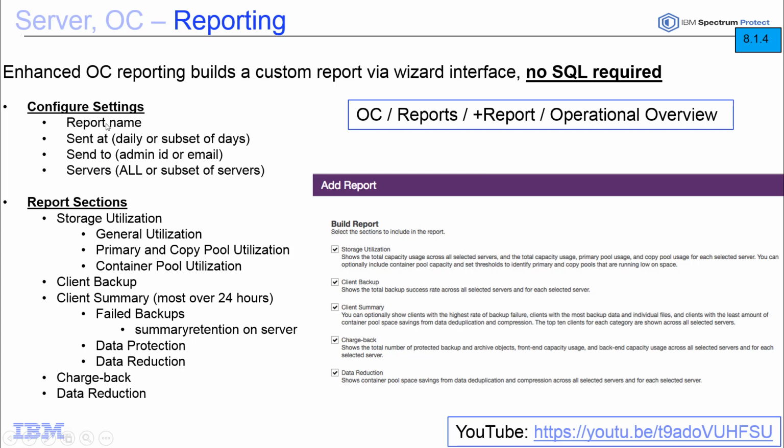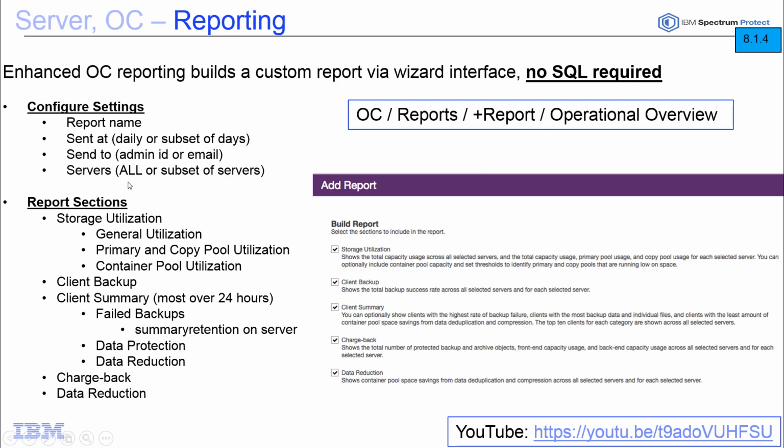So with these reports, you can configure the report name as well as when it is sent out. Is that daily or is that a certain number of days per week? Who it gets sent to, and this can be a Spectrum Protect administrator with an email address associated with it, or it could be an individual who is not an administrator on Spectrum Protect, and all you would do then is enter their email address directly.